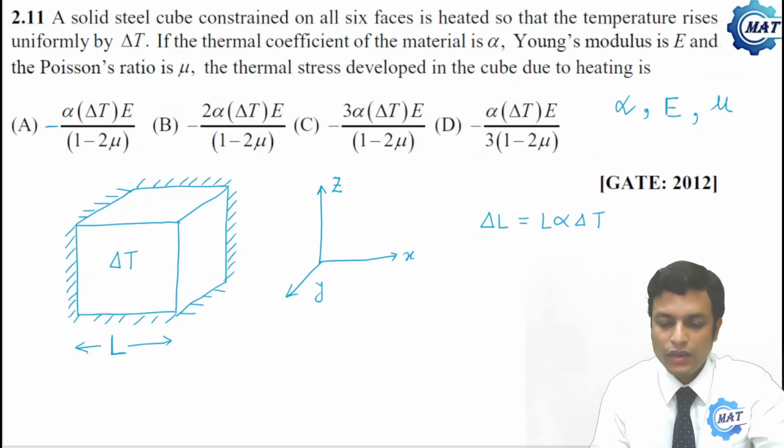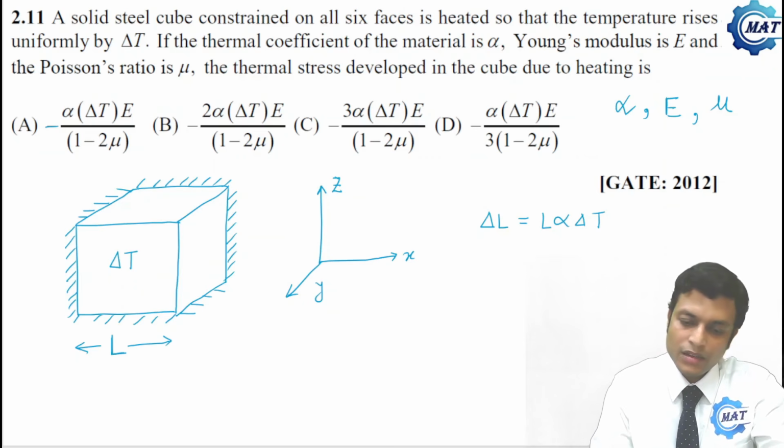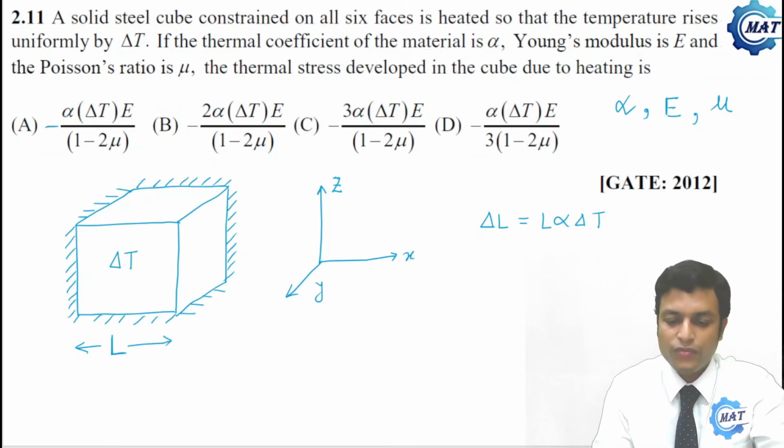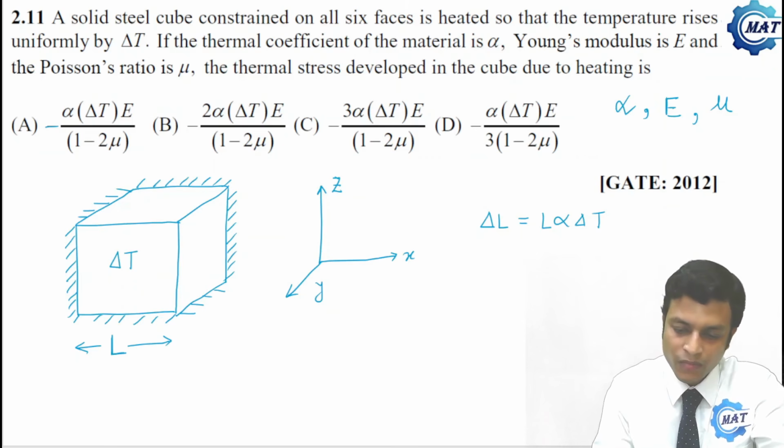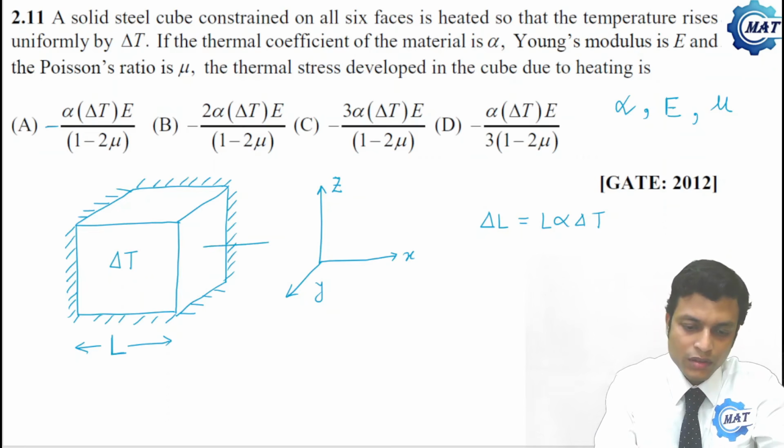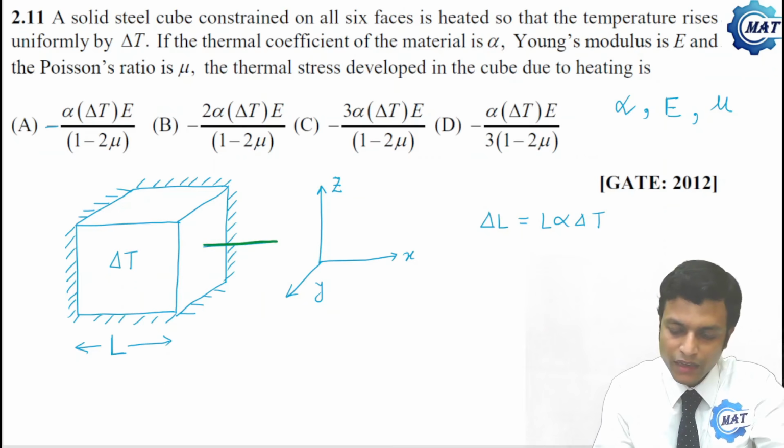So what will happen? All 6 constraints will provide compressive force in each direction, and that compressive force will cause stress in the cube.